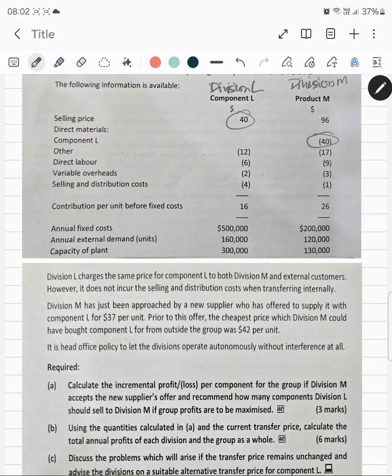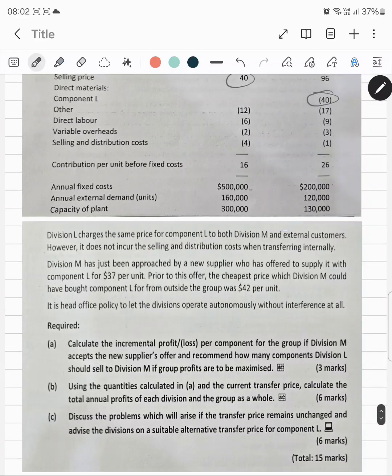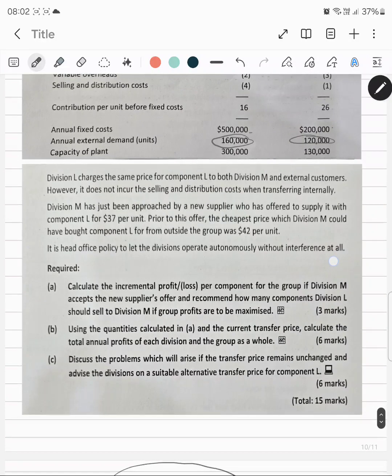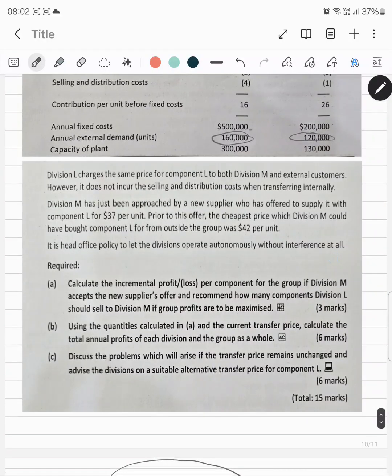Then fixed cost, and the annual external demand for both of them is given, along with the capacity of the plant. So Division L charges the same price for component L to both the division and external customers.